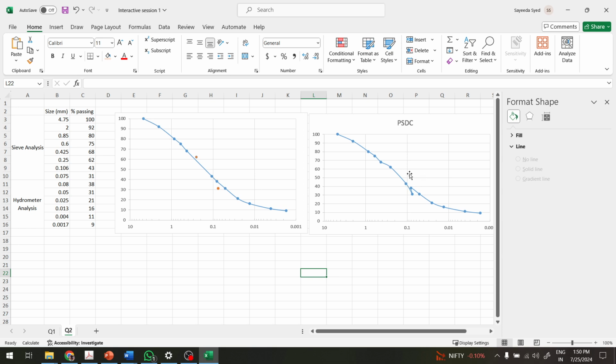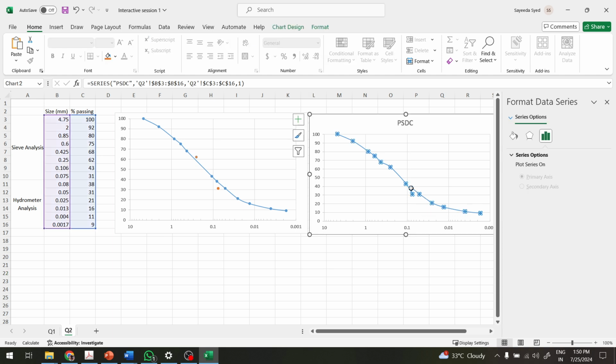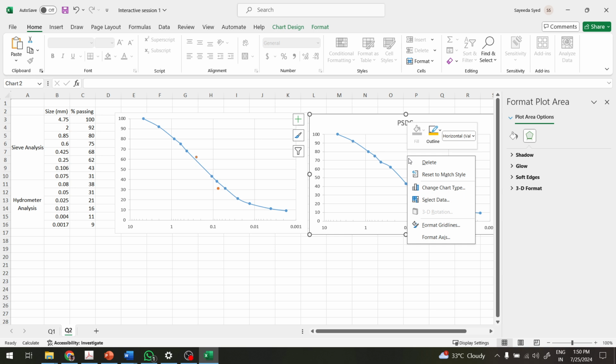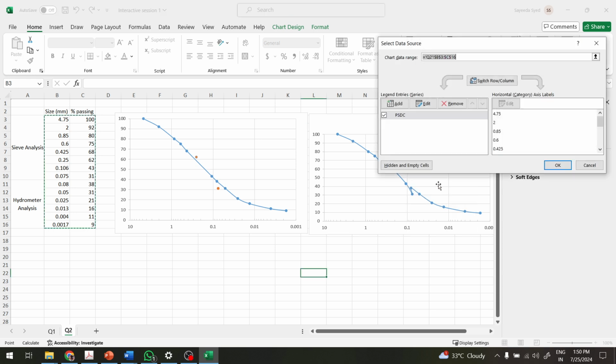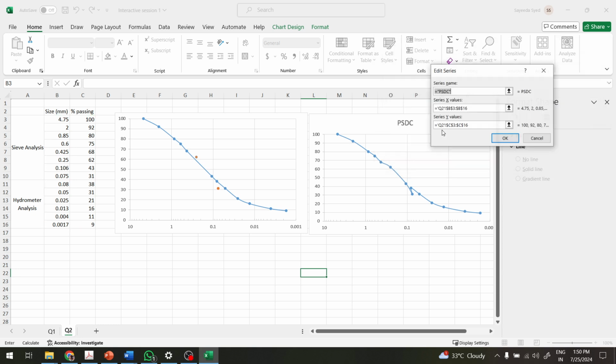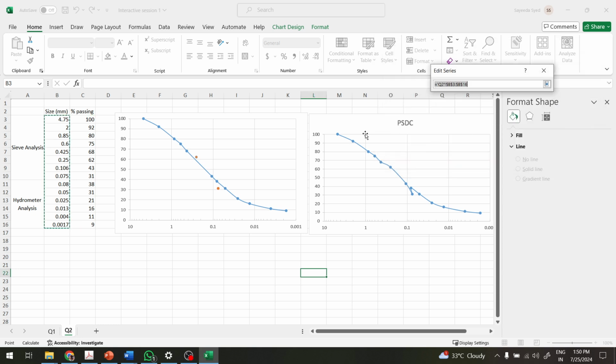And when I'm referring to the book, let me check. What they have done is ignore this value as well as this value, like the first two values of the hydrometer analysis. Let's draw that also. So we will have the data.